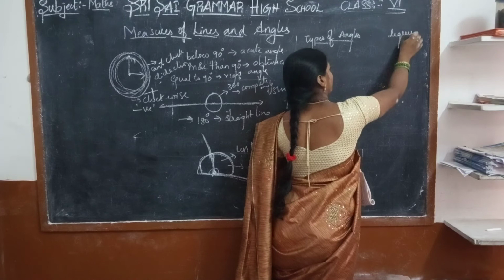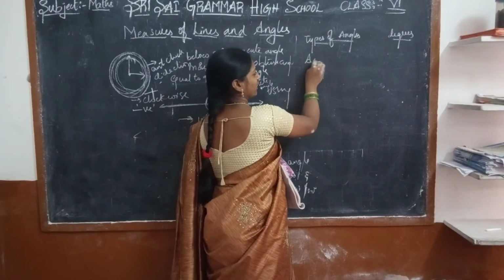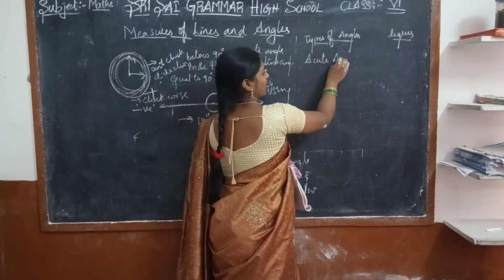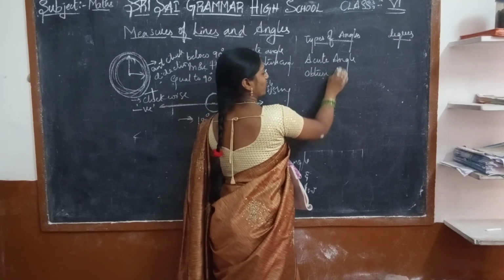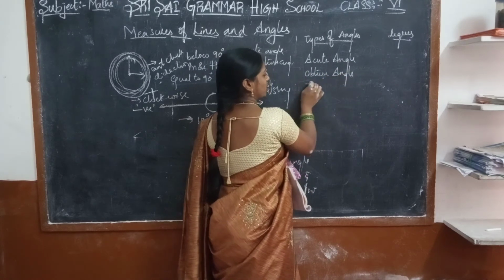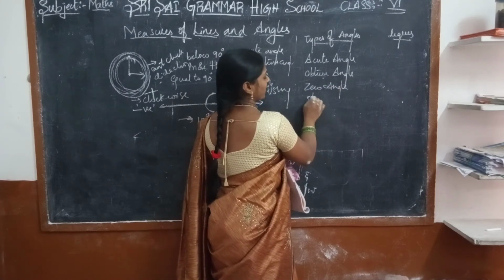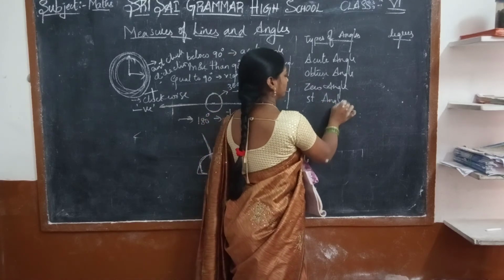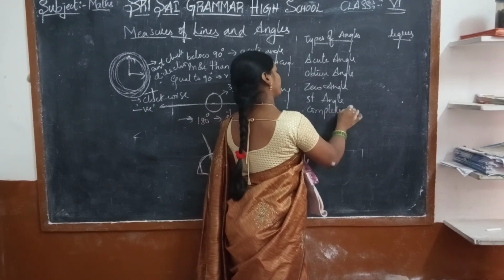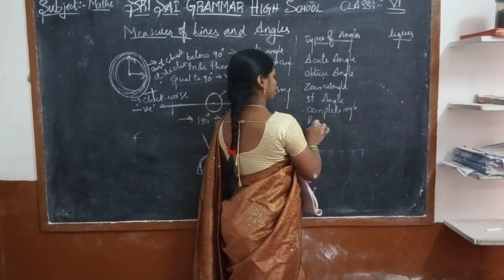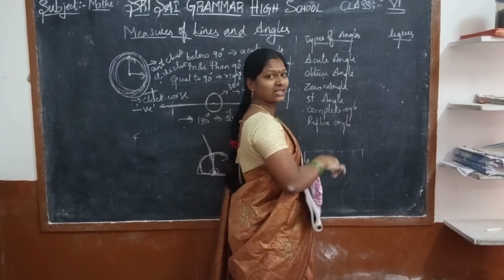Types of angles: acute angle, obtuse angle, zero angle, straight angle, complete angle, reflex angle. Yes, we have learned these angles till now.